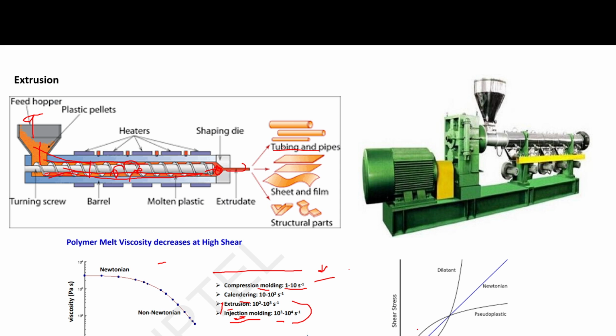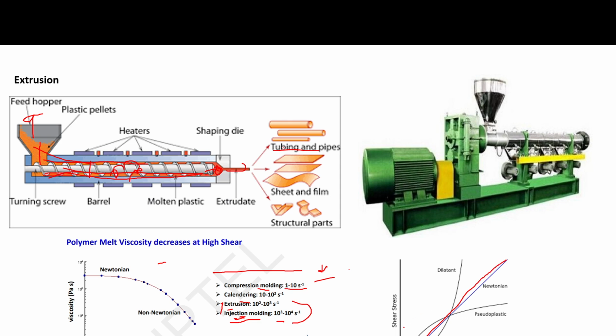When the polymer is melted, it has different viscosity at different shear stress or shear rate. If the shear stress and viscosity plot is a straight line, it follows Newtonian behavior.